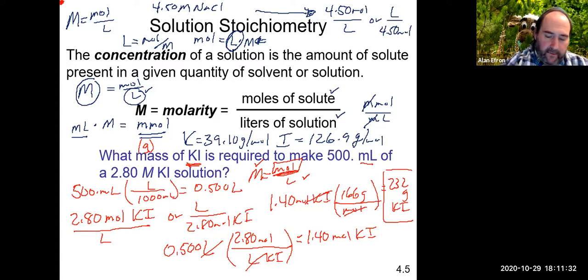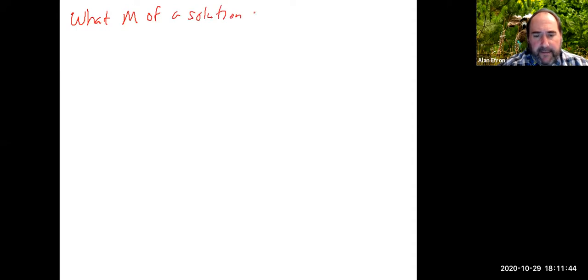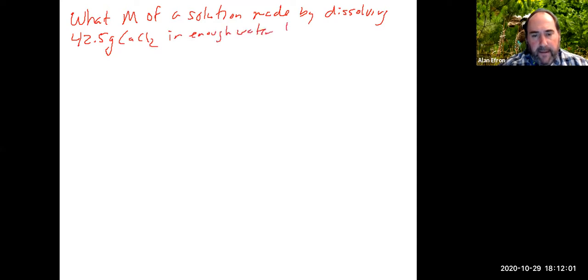Okay, let's try another one here and see. Let's say, what is the molarity of a solution that's made by dissolving, and we'll go with 42.5 grams of calcium chloride and enough water to make 250 milliliters of solution.